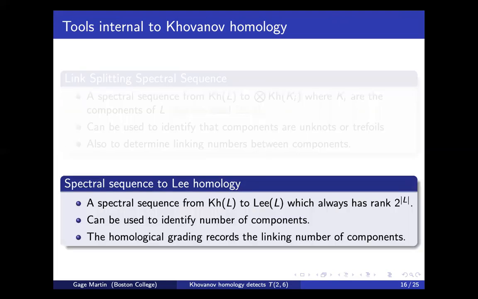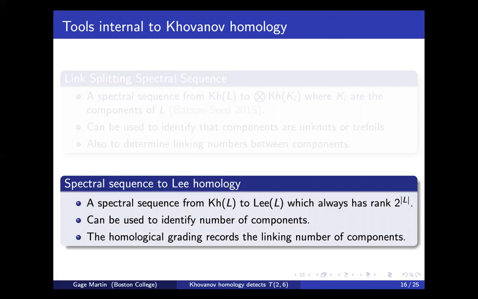The other tool that's internal to Khovanov homology that is sometimes used is a spectral sequence to Lie homology. Lie homology is some variant of Khovanov homology where the rank is always 2 to the number of components of your link. So given this spectral sequence, you can use it to identify the number of components in your link, because that's recorded in the total rank of Lie homology.